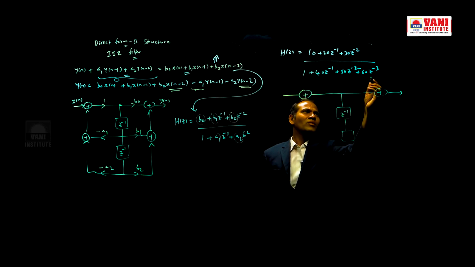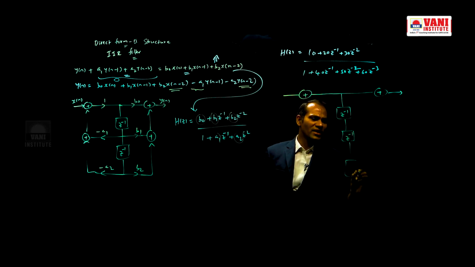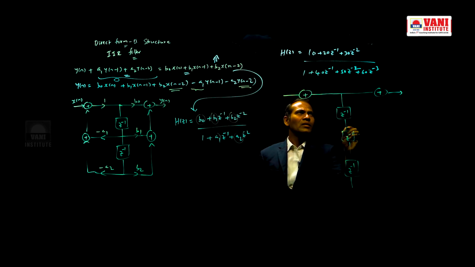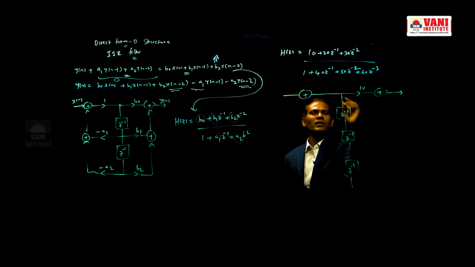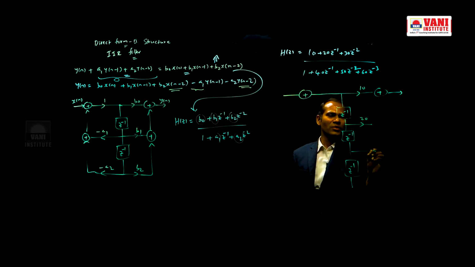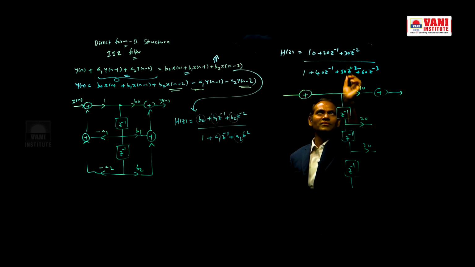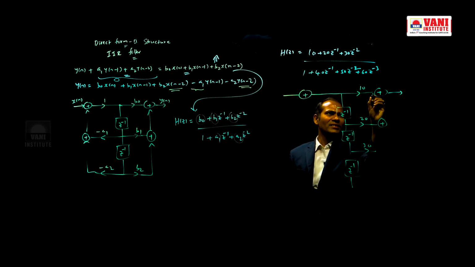Here at most z power minus 3 is there, that is why 3 delay elements are needed. So this side is numerator, so here B0 will come, here B1 will come, B1 is 20, here B2 will come, B2 is 30. That is about right side.